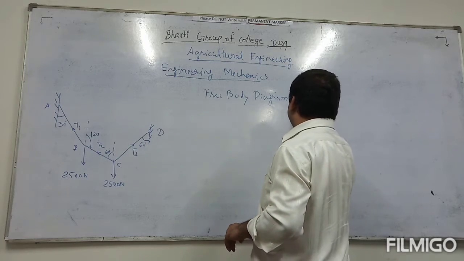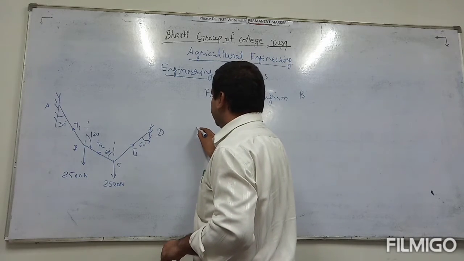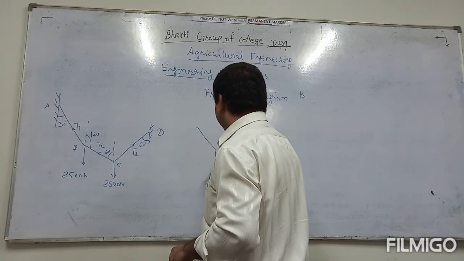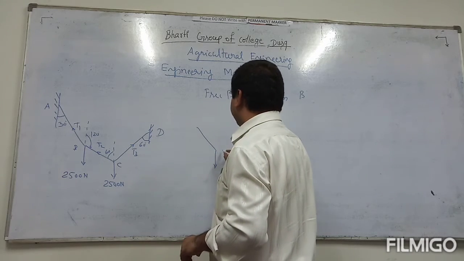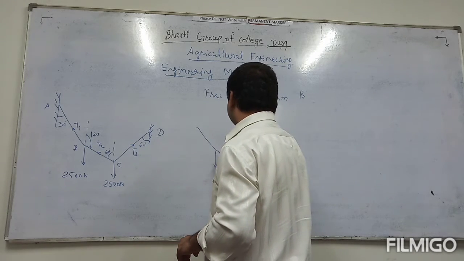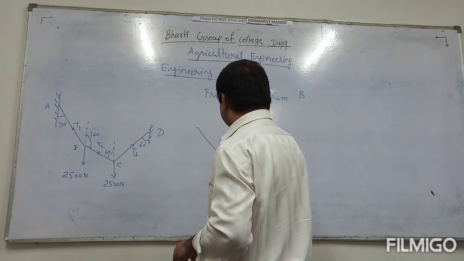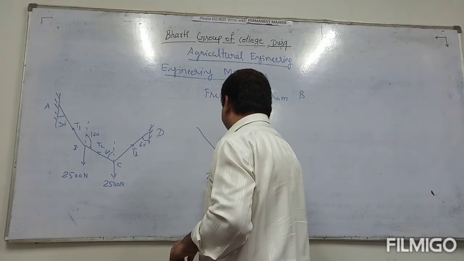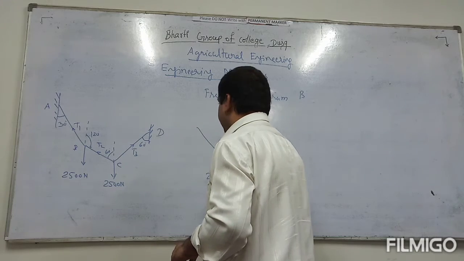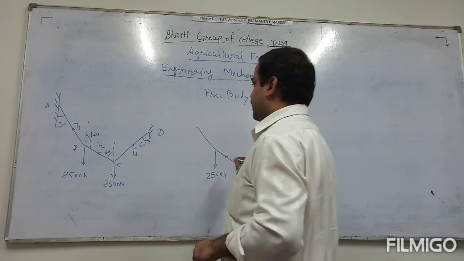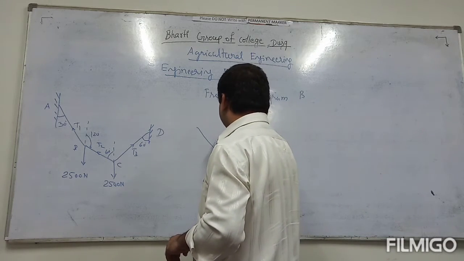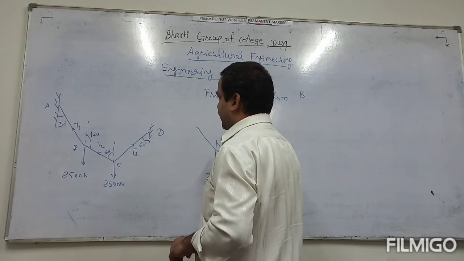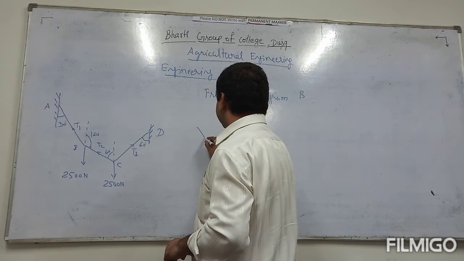point B. For making this, we have to make the body free from forces. Only we have to show the forces here. These are the forces: 2500 Newton, and this one is T2, 120 from here, and this one is T1.